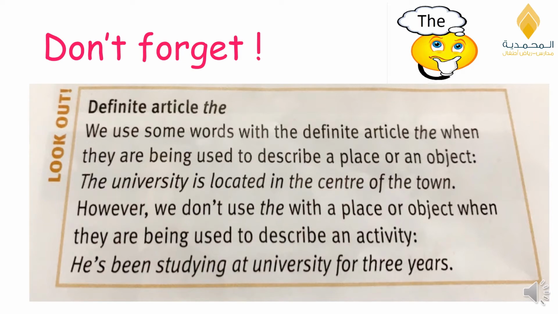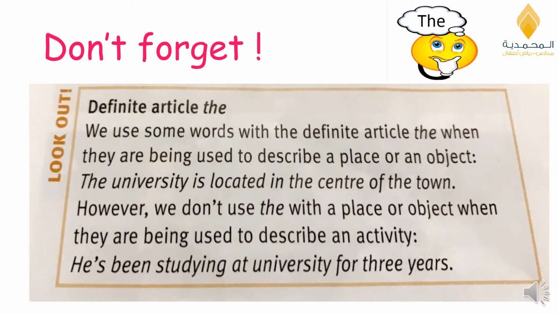There is important information over here. I want you to know it. If you look at the lookout box, you will see that it talks about the definite article the. We use some words with the definite article the when they are being used to describe a place or an object. So we say, "The university is located in the center of the town."